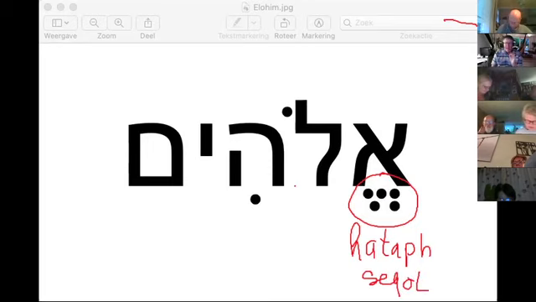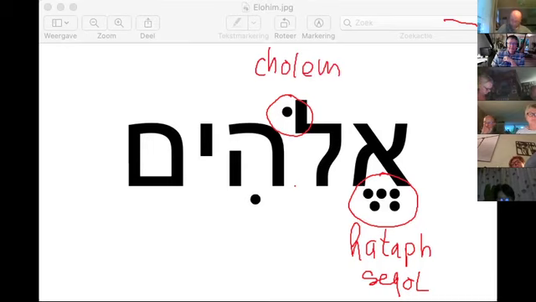So it's an S sound. So it's not Elohim, or it's Elohim. It's a short sound. Then we see here, this is the letter O, and it is not the Cholam Vav, it's just the Cholam. It's above the Lamed.